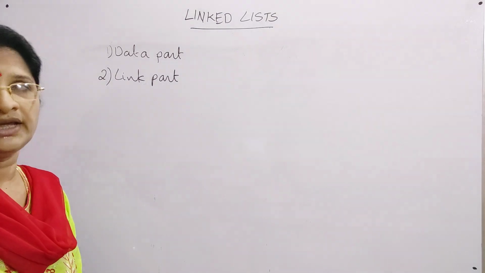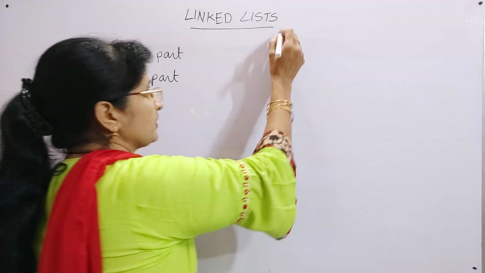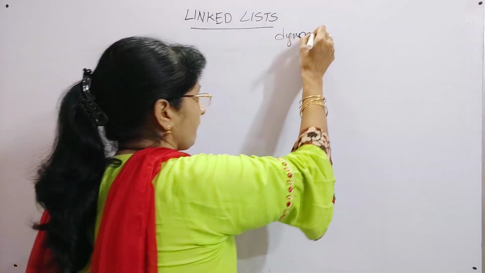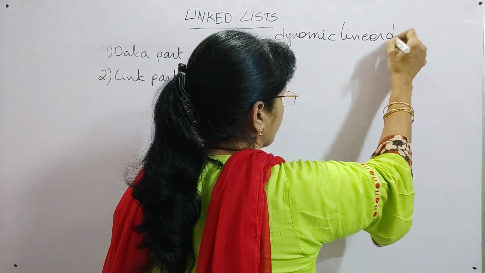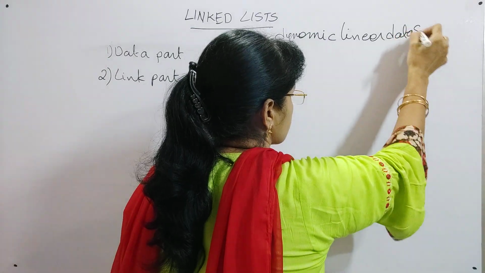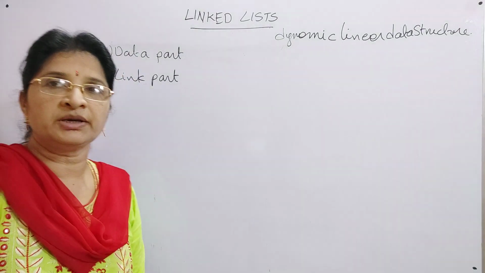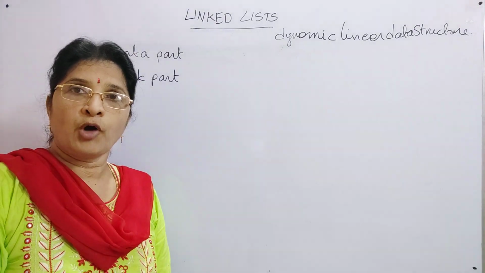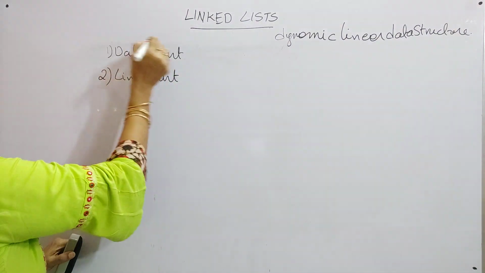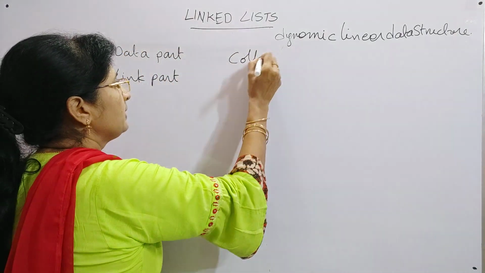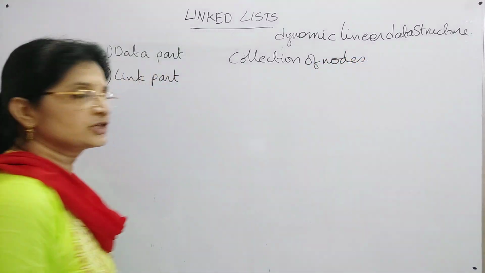Here a linked list is also a list, but it is a dynamic linear data structure. Why I say dynamic is that here we are going to use pointers for the linking part. So a linked list is simply a collection of nodes.